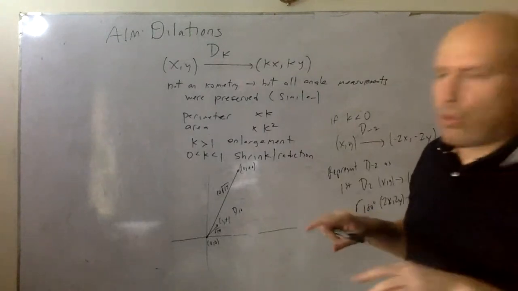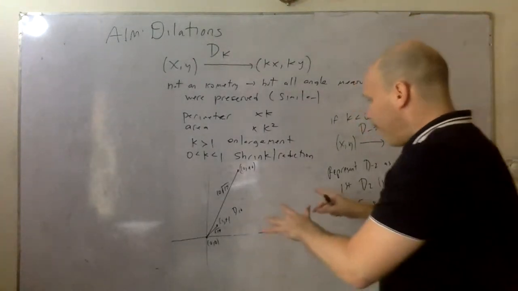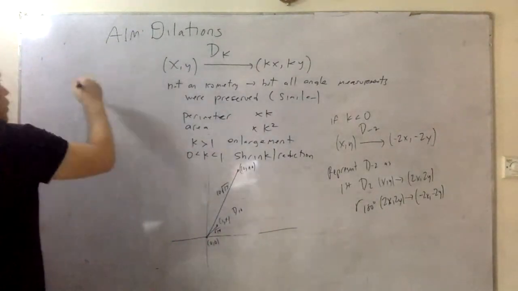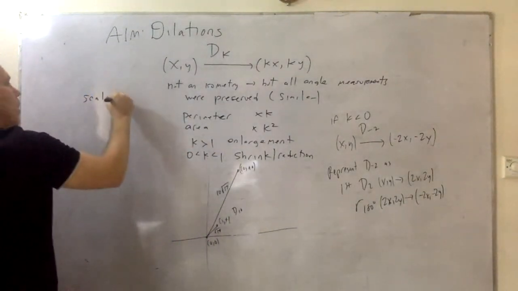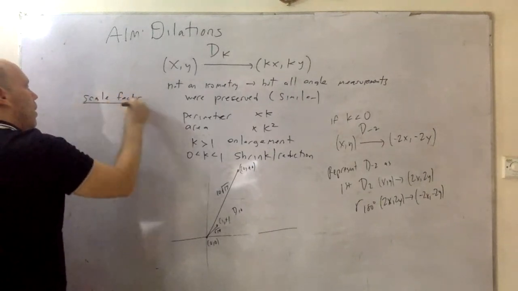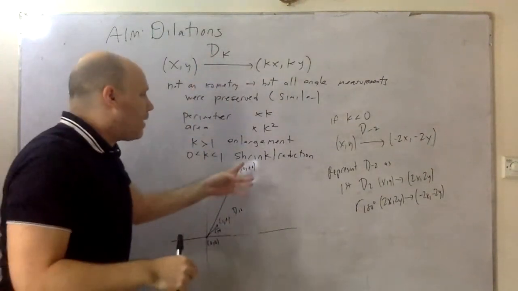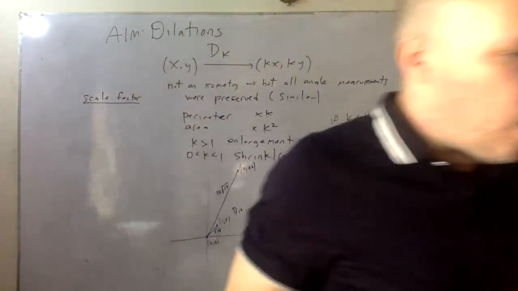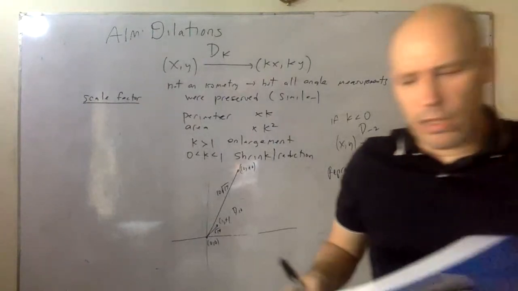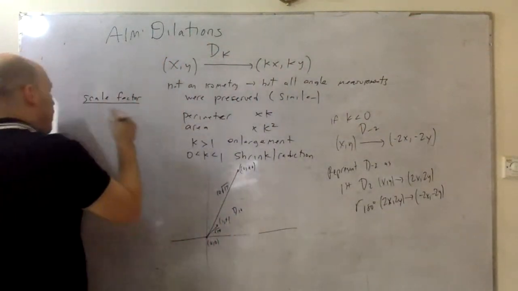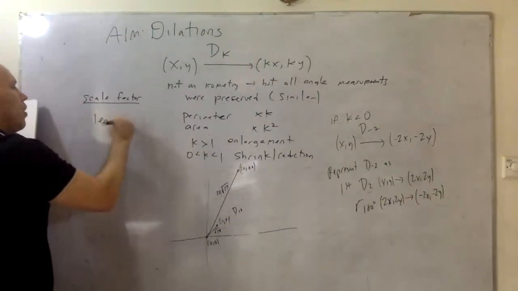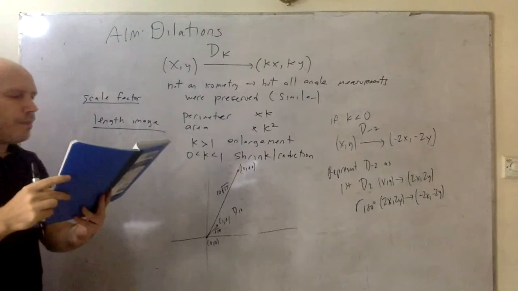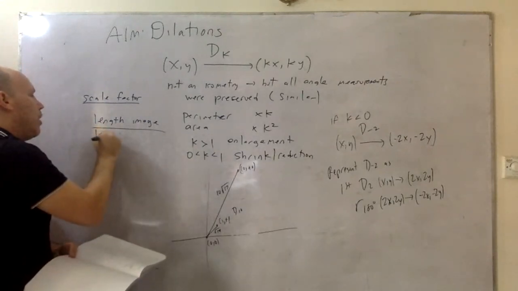Also, when they talk about the scale factor, the question is, where did the 10 come from? Where did the 2 come from? Well, the ratio is the length of the image over the length of the pre-image.